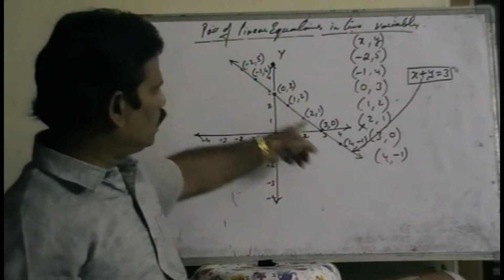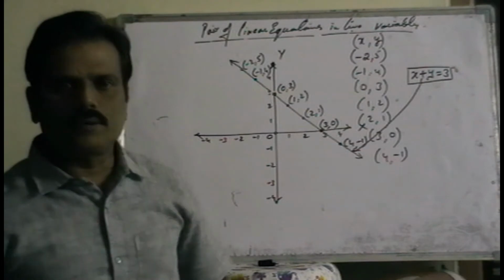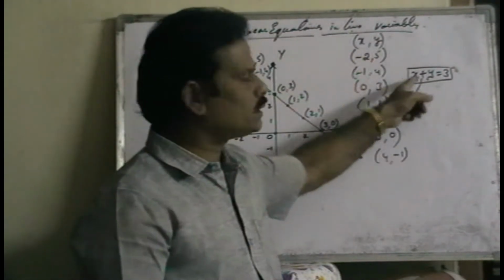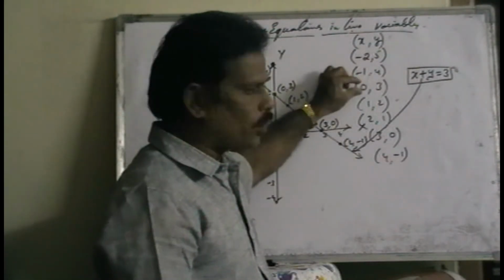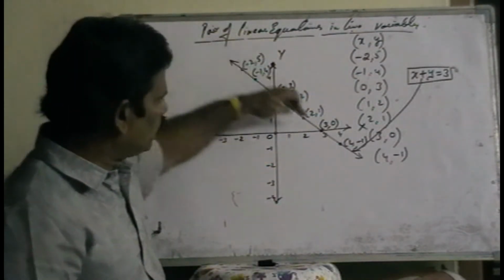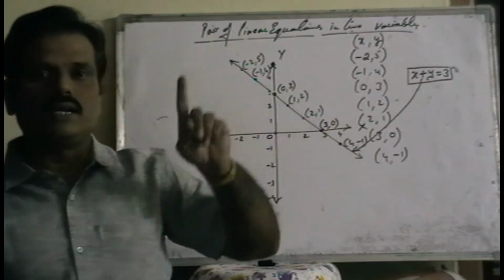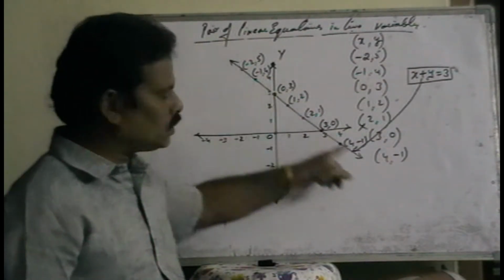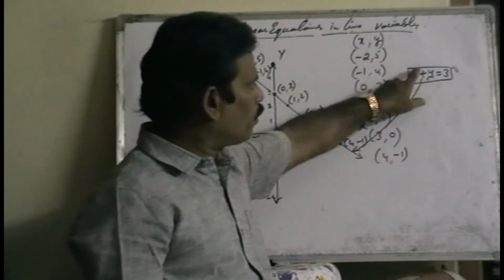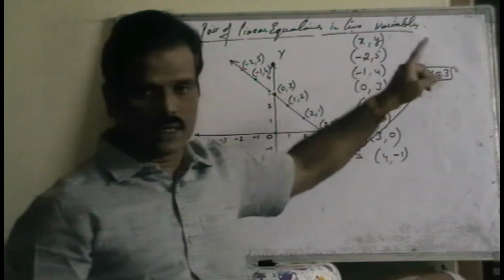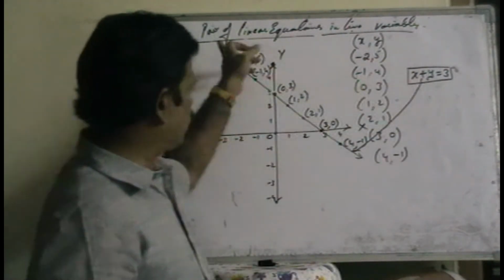So this line equation is x plus y equals 3, because every point on this line satisfies this common condition. That condition is called the linear equation, the equation of that line. See, power 1 only. It is a first degree equation. So a linear equation is nothing but a line equation.